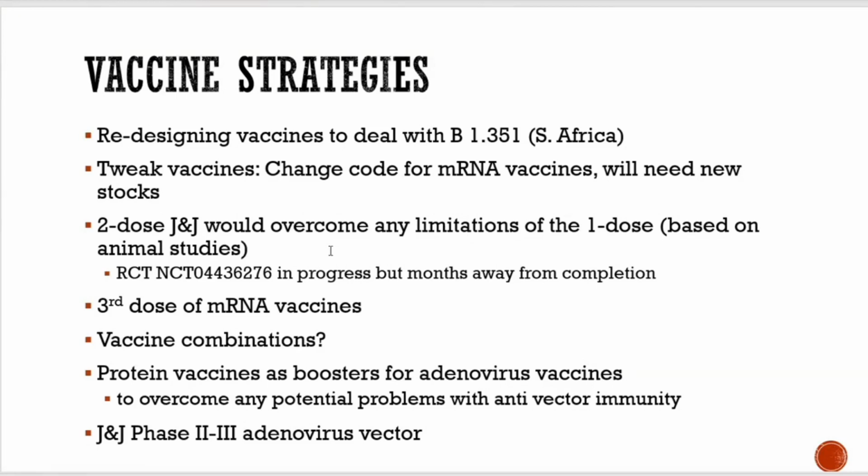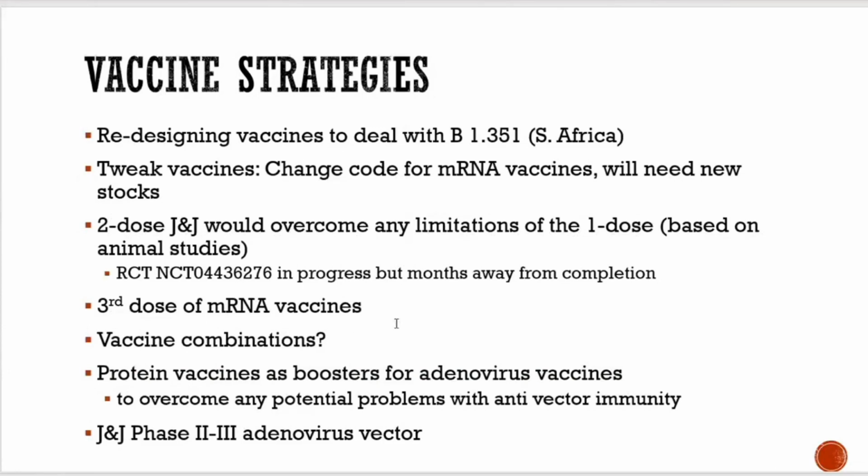Some other vaccine strategies being studied are, for example, a second dose of a J&J vaccine that could overcome any of the limitations of the one dose, right? This has already been shown in animal studies. So there are randomized controlled trials testing this 2-dose J&J option. They're in progress, but obviously months away from completion. I already talked about a third dose of the mRNA vaccines.